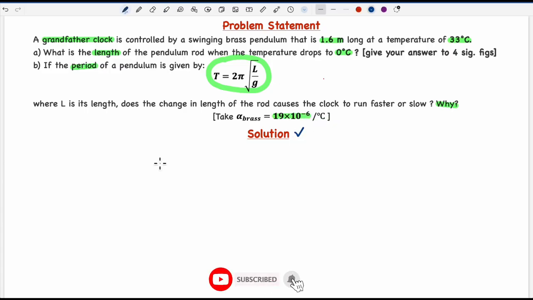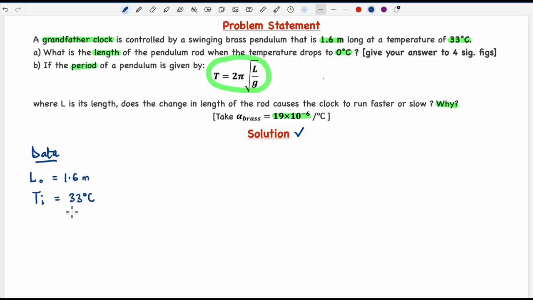So this is a problem on thermal expansion of materials, and specifically since we are dealing with a pendulum rod, we are going to look at linear expansion of this rod. To solve this problem, we need to first take the data from the problem. We are given the initial length of the rod, which I'll call L0 equals 1.6 meters, and then we are also given the initial temperature of the rod, T initial, 33 degrees Celsius.